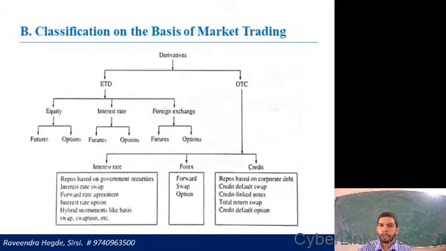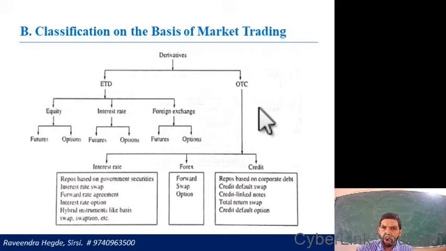And you can also classify the derivatives on the basis of market trading. So derivatives can be classified into two categories based on market trading as ETD and OTC. ETD is again classified as equity, interest rate and foreign exchange. And each of the equity, interest rate and foreign exchange can be classified as futures and options.